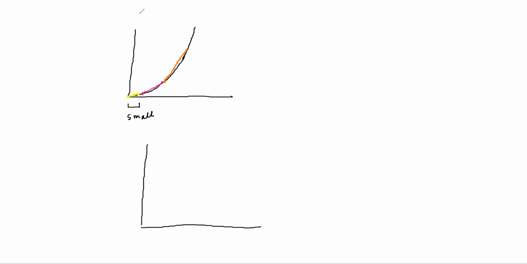Theoretically, I'm moving the same x distance each time, so basically my slope just keeps increasing. That's the idea behind this whole exponential thing: it just keeps getting bigger and bigger and bigger, and it keeps increasing faster and faster and faster.